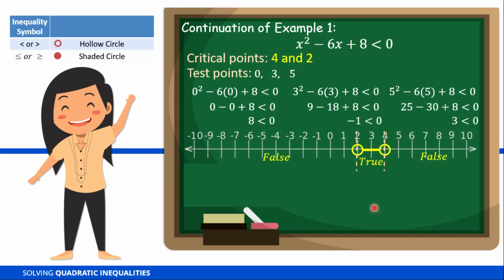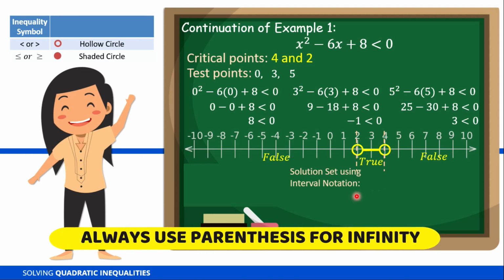So, kung gagamit tayo ng interval notation, mayroon tayong ginagamit na parentheses o kaya bracket. Parentheses para sa mga hindi kasali sa solution set and bracket para sa kasali sa solution set. Pero, meron tayong exemption. Kapag infinity, kahit kasali sa solution set, parentheses ang ating ginagamit.